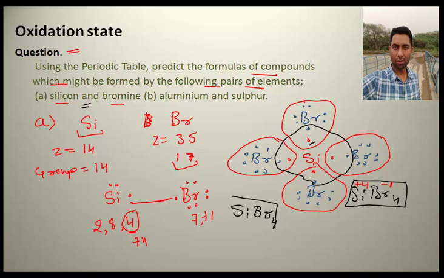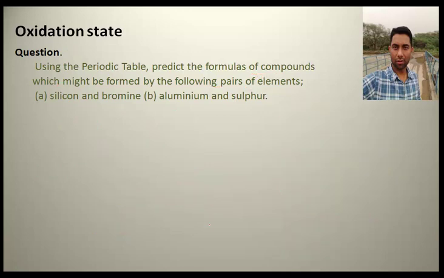There are 4 bromine atoms, so -1 into 4 will give you -4, and +4 will neutralize the species. So finally, silicon has shown oxidation state of +4, bromine has shown oxidation state of -1, and the formula of the compound is SiBr4.